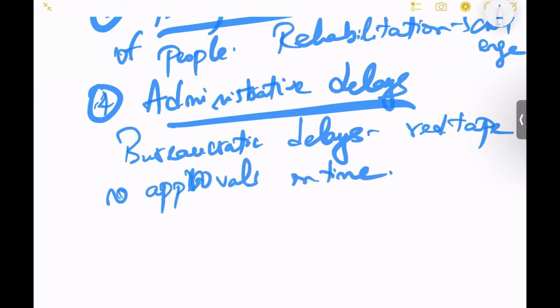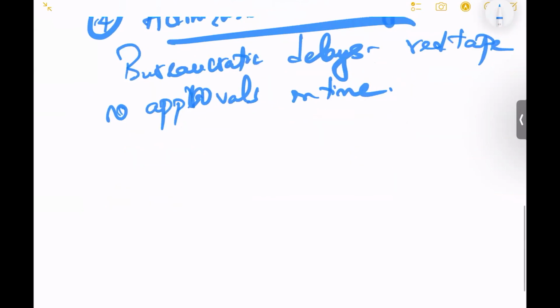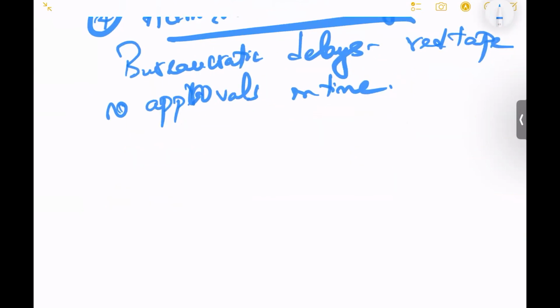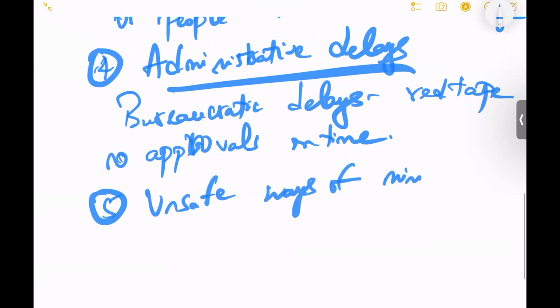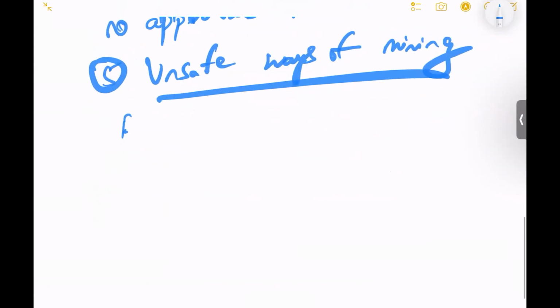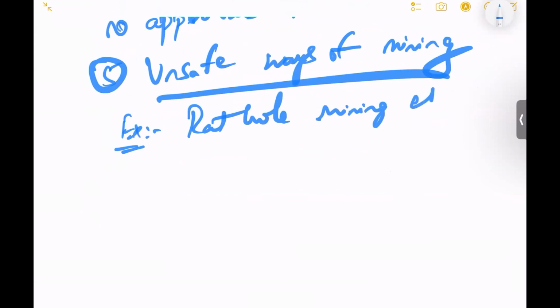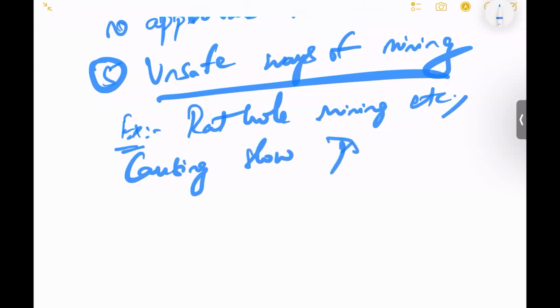And then unsafe ways of mining, very unsafe ways of mining, like recently also we have seen rat hole mining, etc., causing slow progress and endangering life.